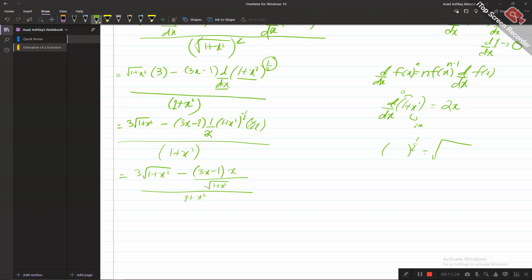after that, in the next step, we have to take the LCM. There is nothing, just 1, so the LCM will be square root 1 plus x square.